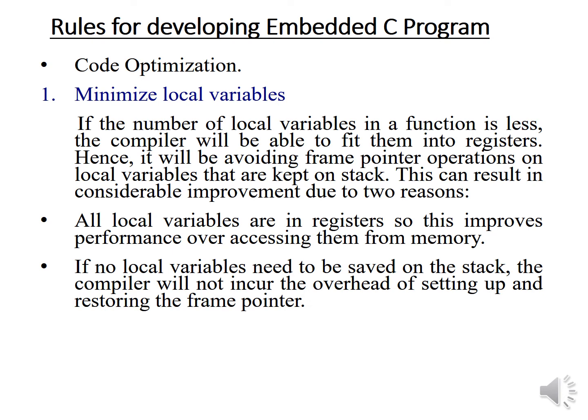This can result in considerable improvement for two reasons. One, all local variables are in registers, which improves performance over accessing them from memory. Two, if no local variable needs to be saved on the stack, the compiler will not incur the overhead of setting up and restoring the frame pointer.